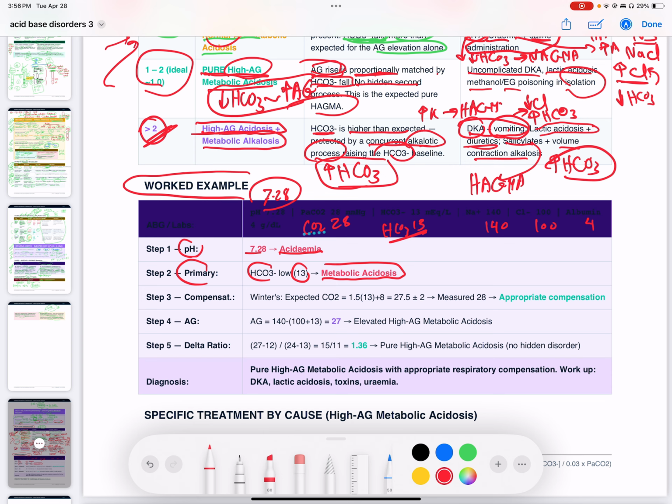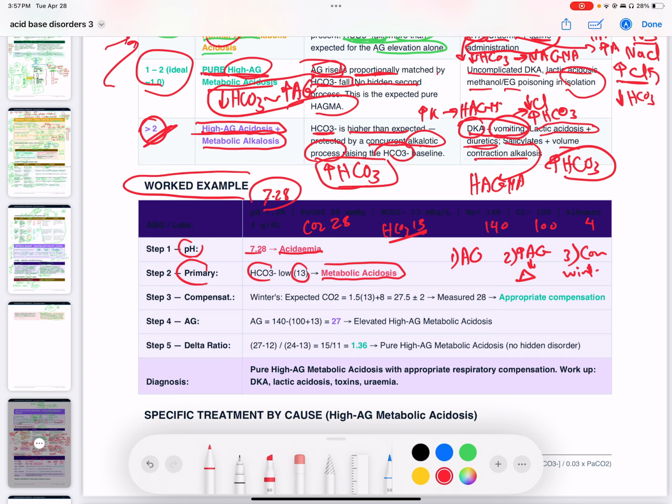And as we said, in any metabolic acidosis, we need three things. One, anion gap, right, to differentiate the etiology. But also, if you have high anion gap, you need to calculate the delta to find if there is another metabolic disorder. Number three is the compensation through Winter's formula.